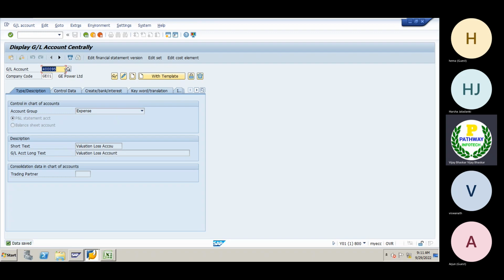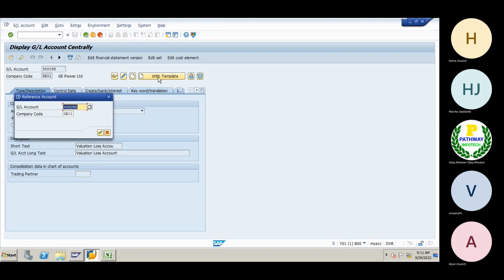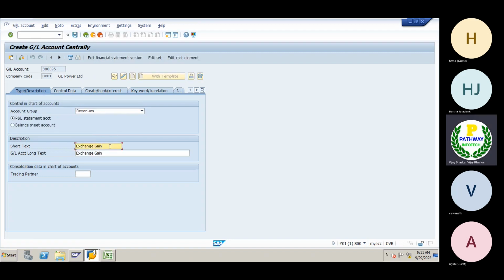Then I'm going to create one more GL account, the 3 series, which is the valuation gain. Valuation gain account, save. So we have created the valuation loss and valuation gain accounts.